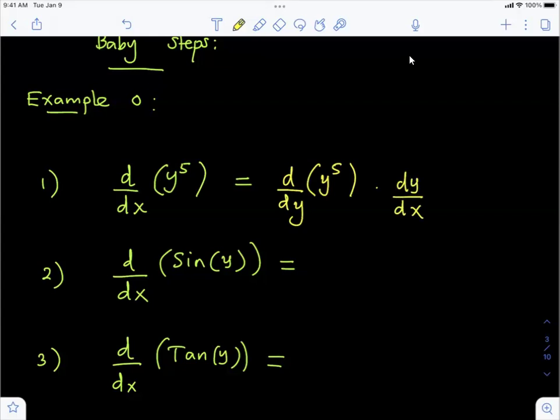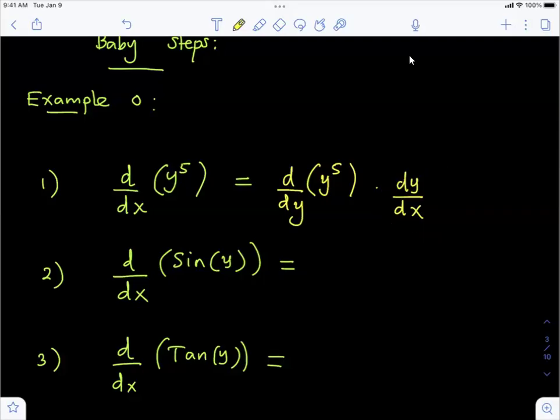So when you have a variable mismatch, and the function is already given in terms of variable y, and you'd like to take the derivative with respect to x as given here, what you're going to do is differentiate it with what's possible. You can differentiate with respect to y. Do it, but then it's no longer the same. So you need to indicate the change of the variable, and that's the purpose of this component, dy dx.